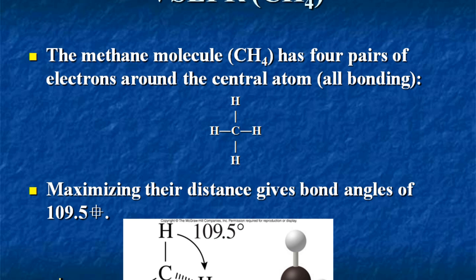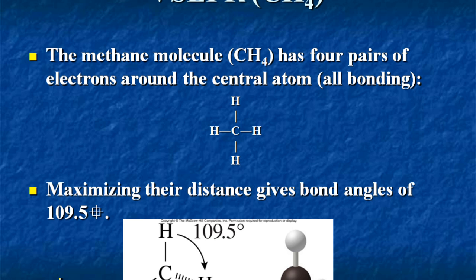So this is how you apply the VSEPR theory on CH4, one of the very simple molecules. This is what we see. The methane molecule, when you do the Lewis structure, that's what you get, right? And remember, as I said in the lab, when you draw a Lewis structure, that is only a 2-dimensional picture. So you will think the bond angle is 90 degrees.